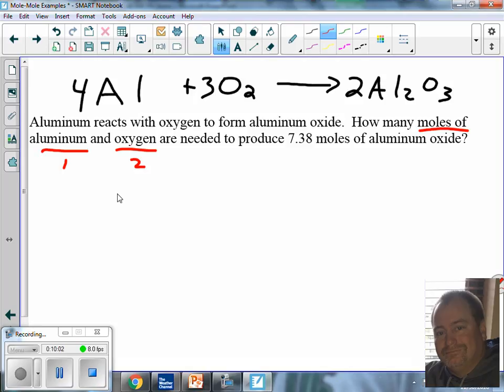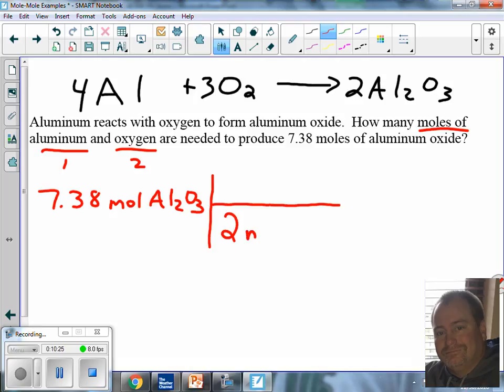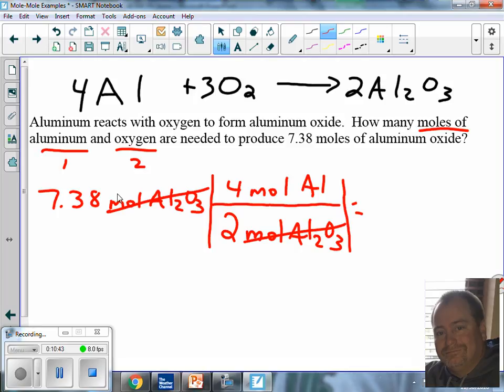So, I'm going to take 7.38 mole of aluminum oxide, do my conversion box, and since I have a number 1 up here for aluminum, I'm going to do aluminum first. My molar ratio is 2 mole aluminum oxide. I want that on the bottom so that it'll cancel. And on the top is going to be 4 mole of aluminum. I go back and I double check that I get a cancellation.